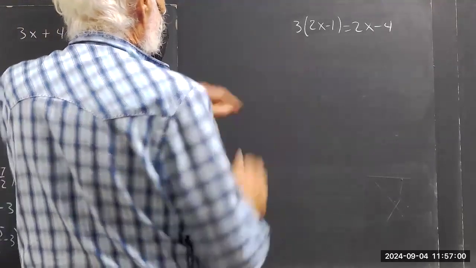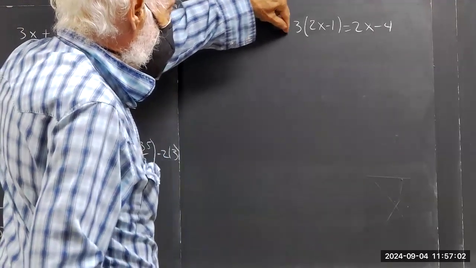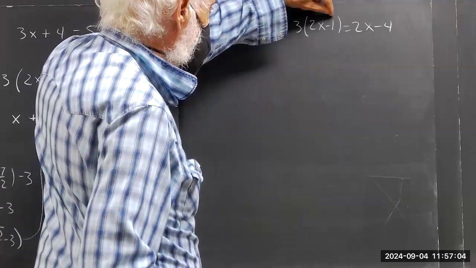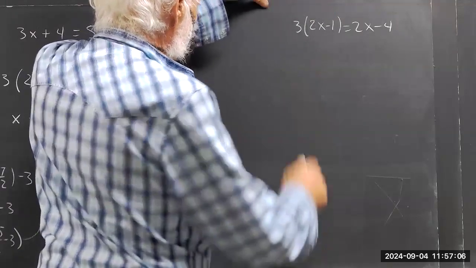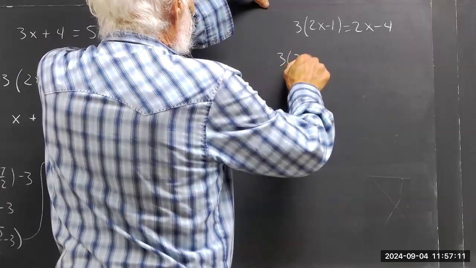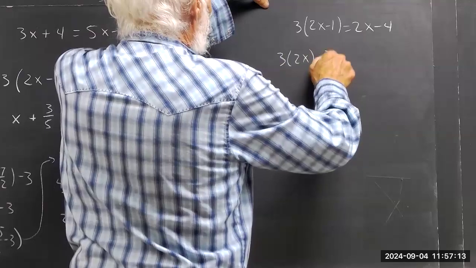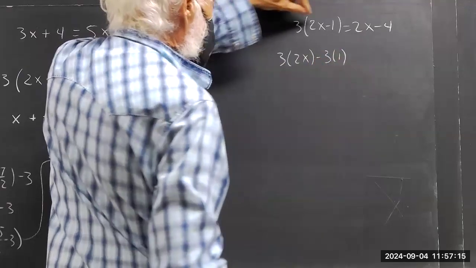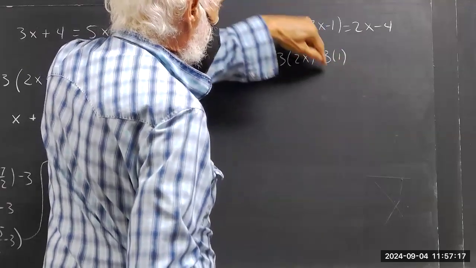Now, the first step here is we're going to multiply 3 by the 2x and by the -1 because of the distributive law. We get, and I'm going to write it out in a lot of detail, 3 times 2x minus 3 times 1.